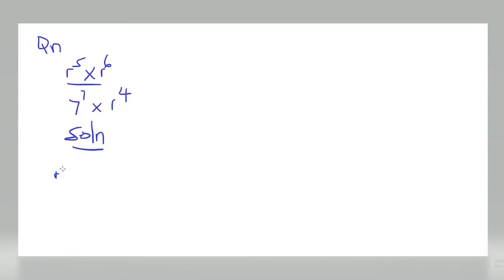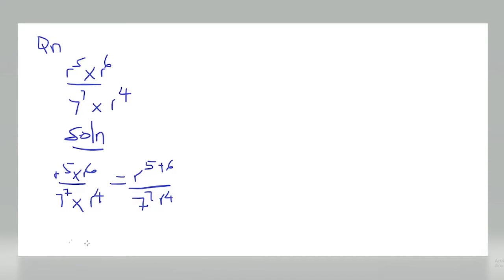Therefore here I'm going to have r power 5 times r power 6. I'm copying the same expression, then here I'm going to have r power 5 plus 6 over 7 power 7 r power 4.